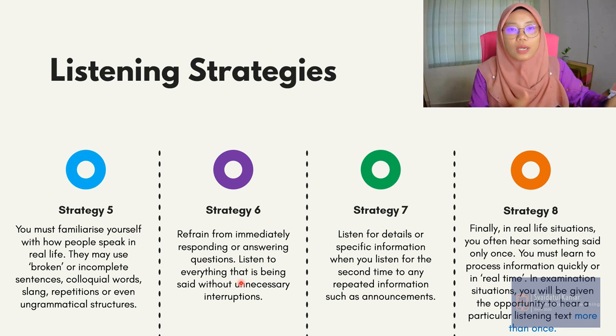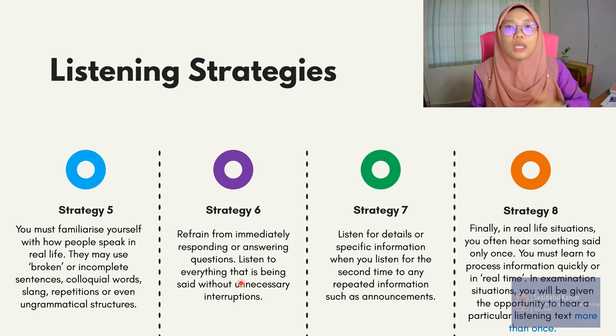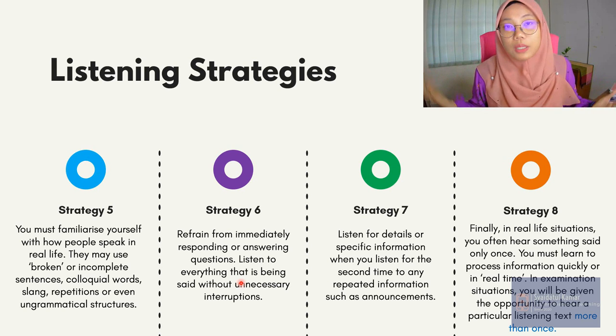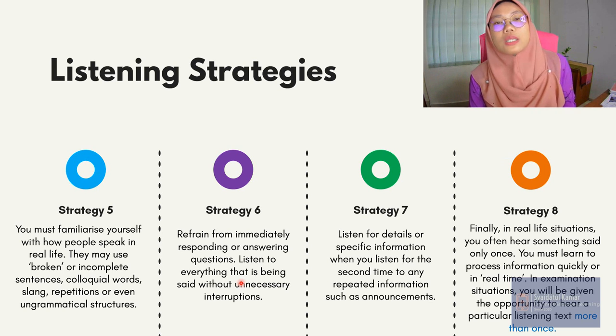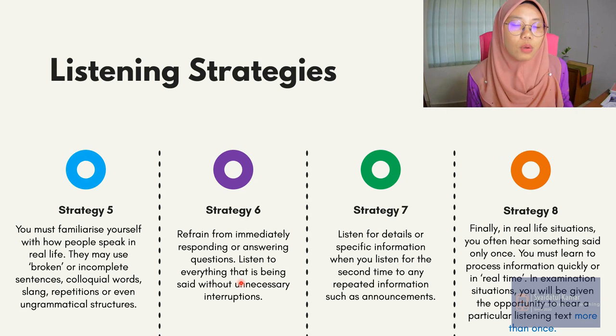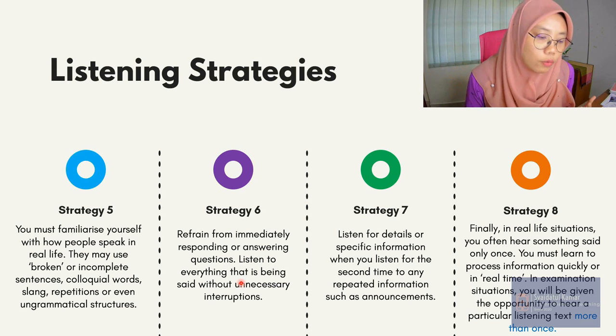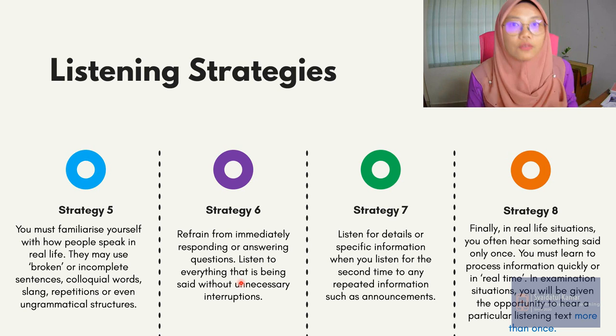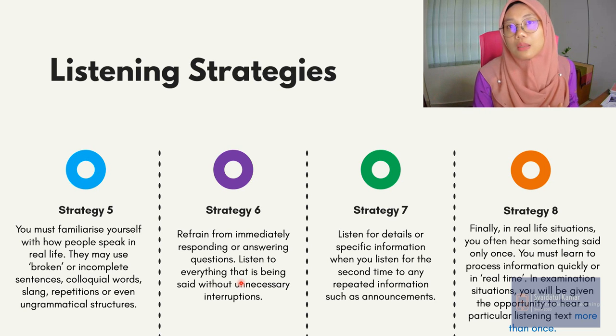Sometimes it's very unorganized. So you have to use your own thinking to put all the pieces together to organize everything. Okay, so these are some of the things that we have to understand about people around us. Some people talk in specific slang that we might not be familiar with. So if we are not familiar with it, then it's very difficult for us to understand and get the message.